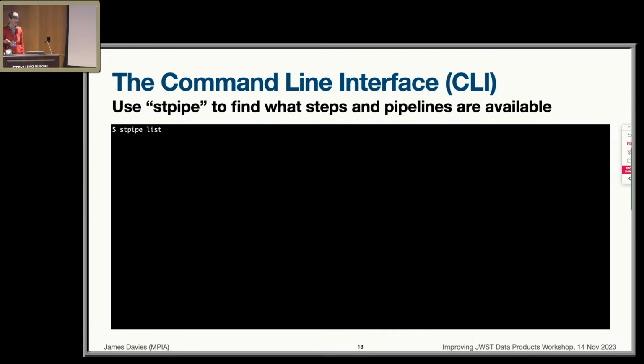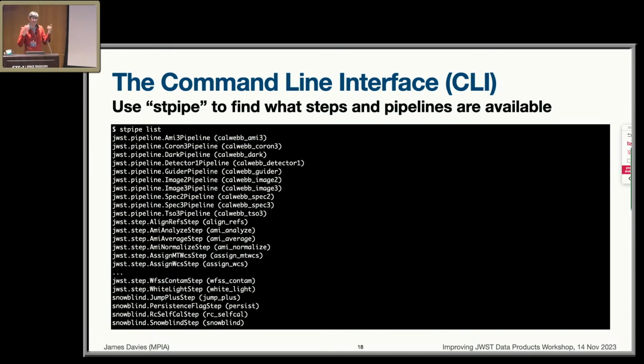Howard briefly mentioned the command line interface. I'll just briefly mention it too. There are actually two commands in the command line interface. One is called stpipe, and you can do stpipe list. This is actually really useful. It gives you a list of all the steps, their aliases, and all the pipelines.